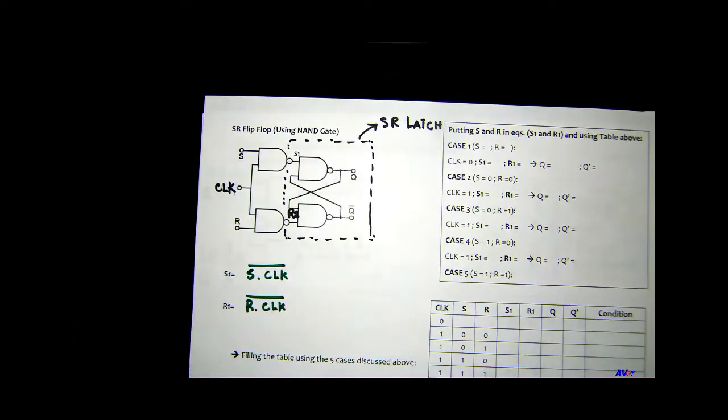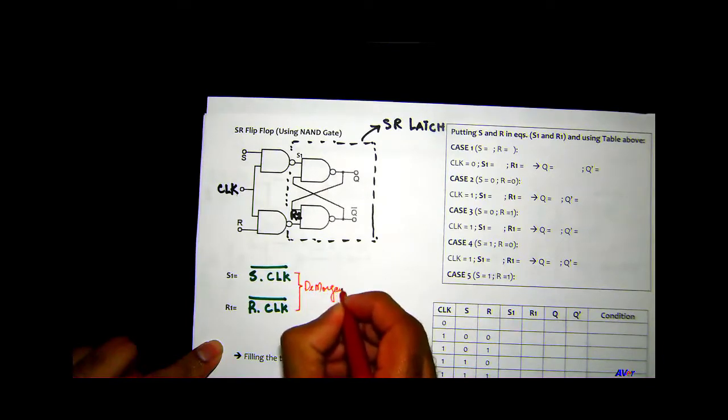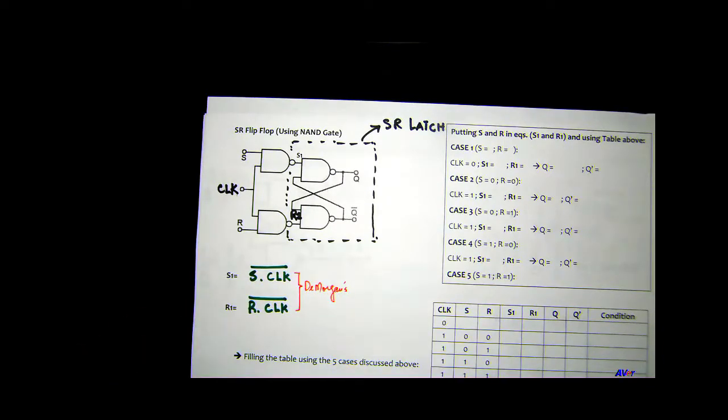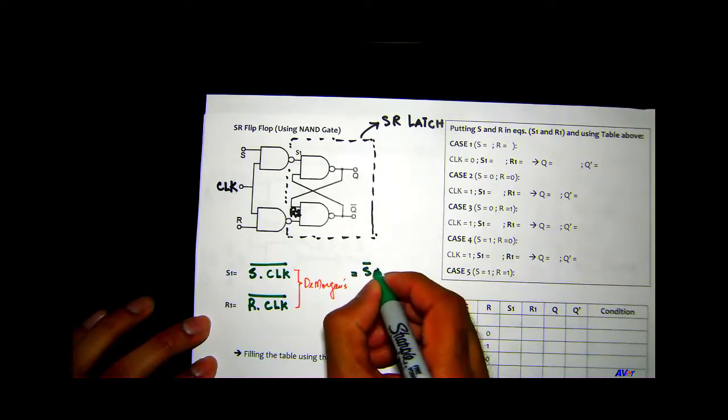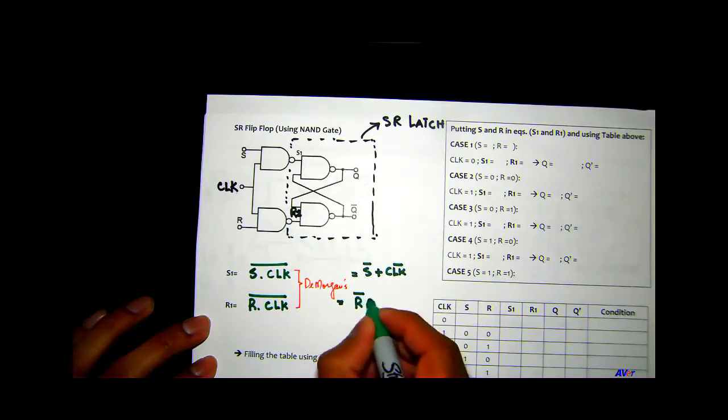Now if you like, you can apply De Morgan's here, and then you will get S bar plus clock bar, and here R bar plus clock bar.